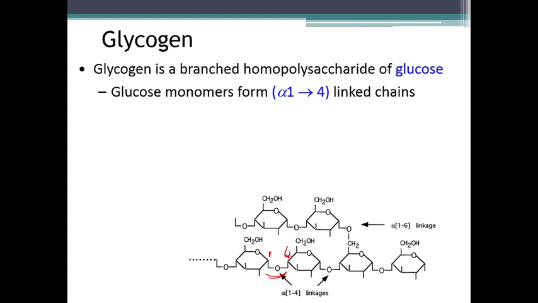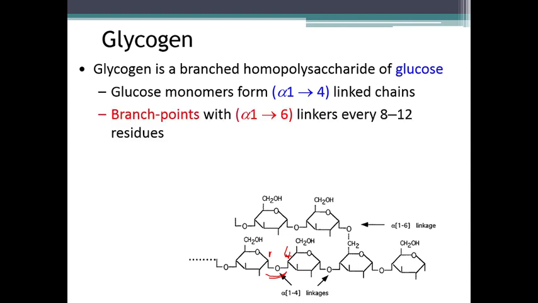Branch points have alpha 1,6 linkages. So this is an alpha 1,4 linkage because this hydroxy is pointing down, as shown here. And an alpha 1,6 linkage is formed because this is 1 and this is 6.